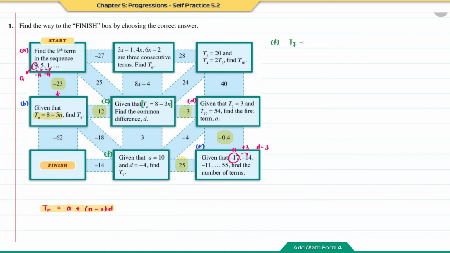Using the formula again, a is substituted with 10, n is 7, minus 1, and the common difference is -4. Solving this, you'll find that T7 is equal to -14. Then we have finished the box.